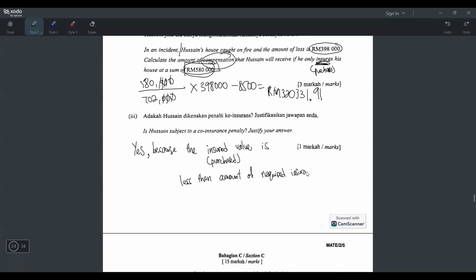Or you can also write like this, because the amount of insurance purchased is less than the amount of required insurance. So you get 1 mark for this, right?